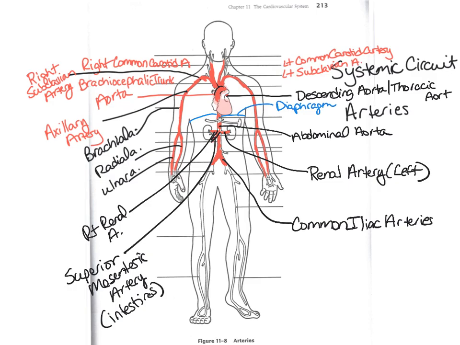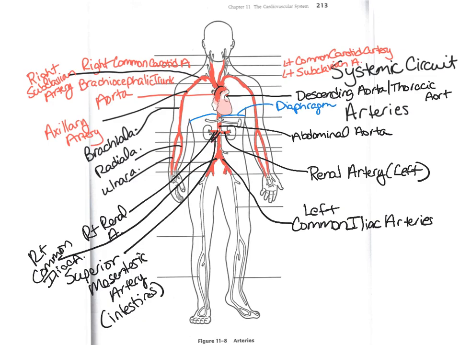And so on the left side, we have the left common iliac, and then on the right side, we would have the right common iliac artery. Okay. Now, those arteries are going to split right away, and we're not going to have you know the names of those when they split.